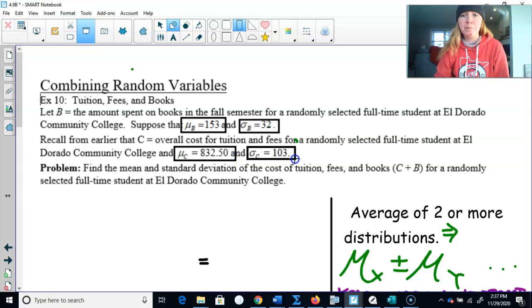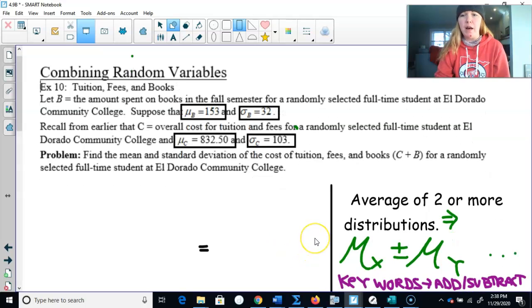So now we have the average spent on books, and we also have the overall cost for tuition and fees for a full-time student at El Dorado Community College. Now we want to find the mean and standard deviation of the cost of tuition, fees, and books for a randomly selected student at El Dorado Community College.